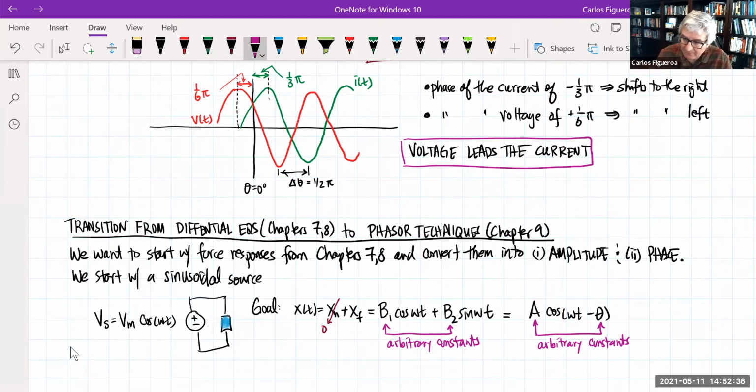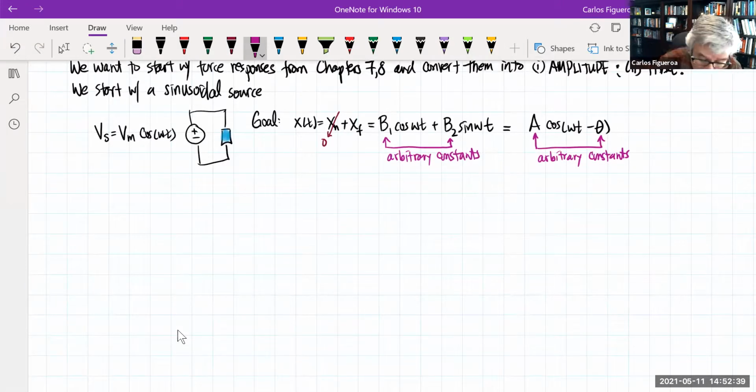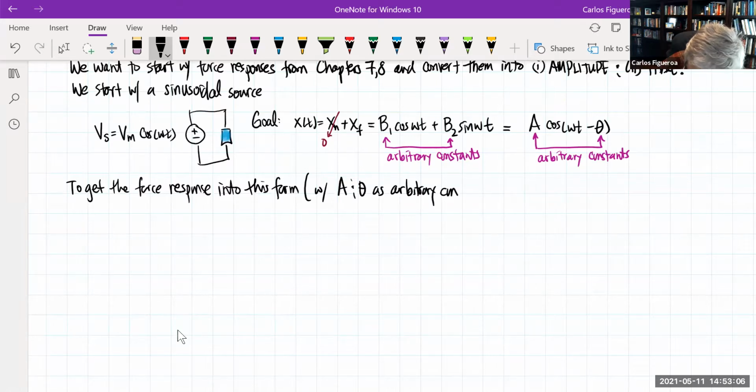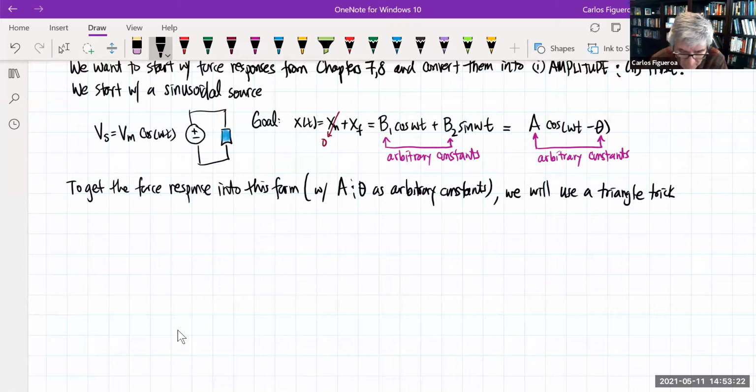Okay, so let me slide this up. To get the force response into this form, that is with A and theta as arbitrary constants, we will use, I don't know, a triangle trick, for lack of a better word.